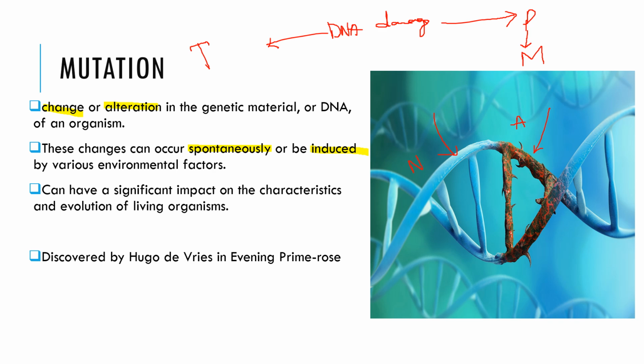It is not necessary that mutation is negative every time. Mutation may lead to diseases if it is negative, and mutation may also lead to evolution if it is positive. Mutation was discovered by Hugo de Vries in evening primrose plants.